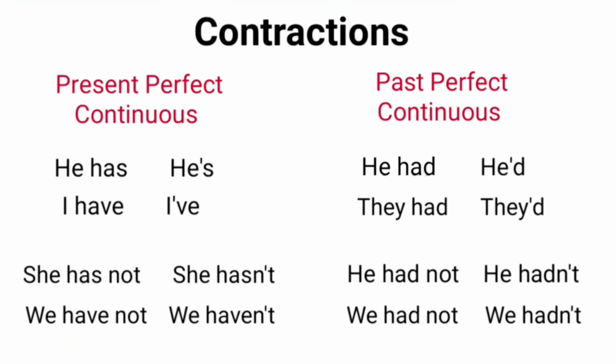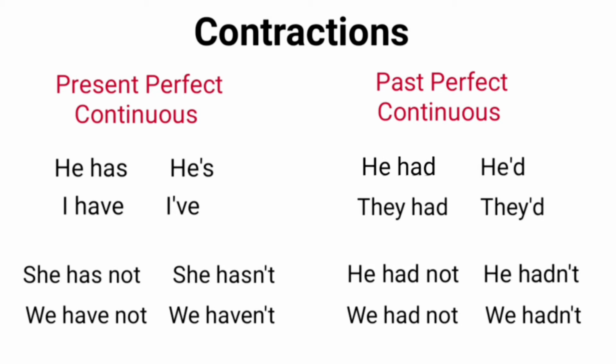Coming to the contractions, in present perfect continuous tense, contraction for he has is he's, she has, she's, I have, I've, she has not, she hasn't, we have not, we haven't, they have not, they haven't.